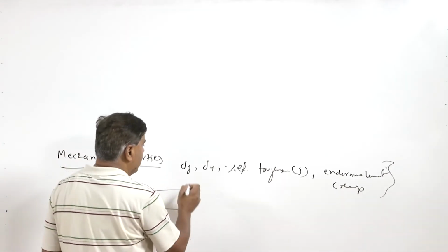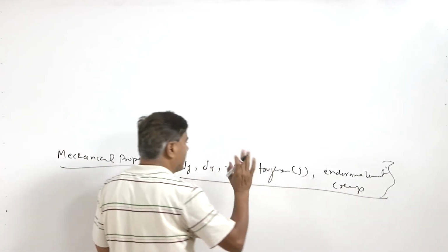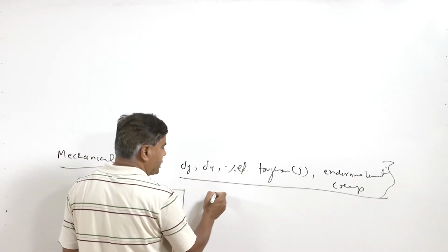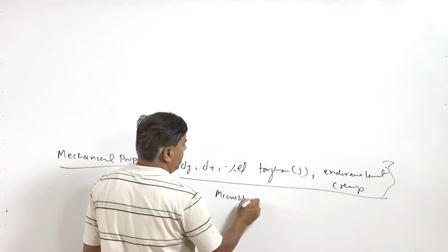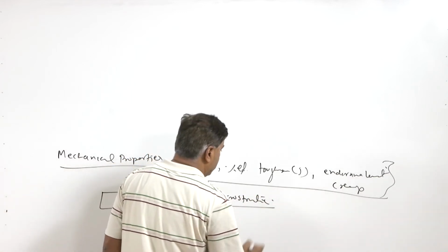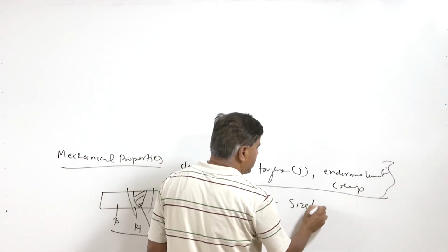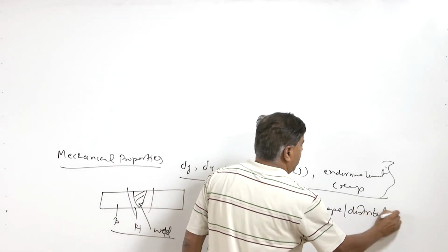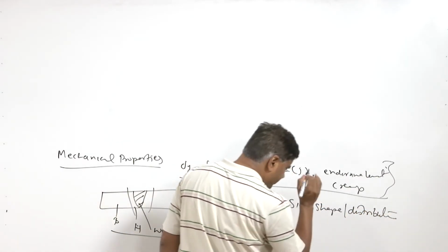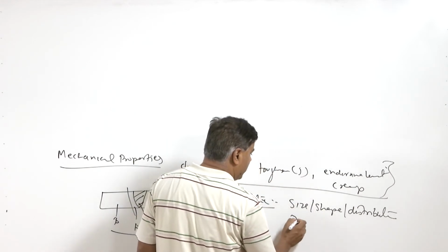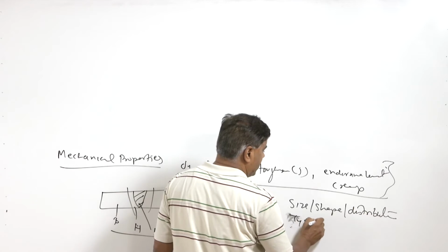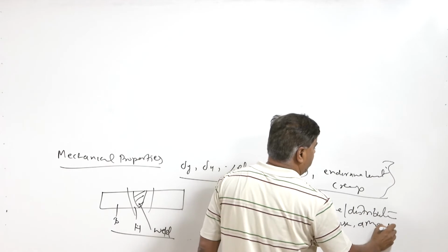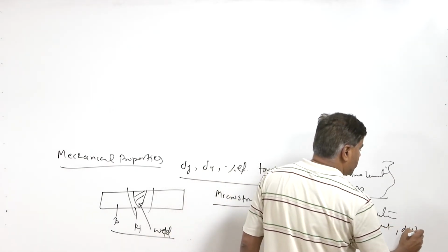So, what is important is that we need to see what factors govern these mechanical properties. We know that mechanical properties are governed by the microstructure of that particular location, which involves the grain size, shape, and distribution of the various grains. Another aspect is the phase structure, which involves the type of phases, their relative amounts, and their distribution.